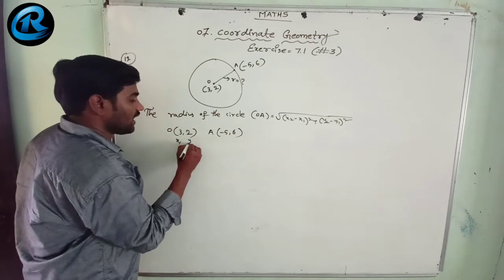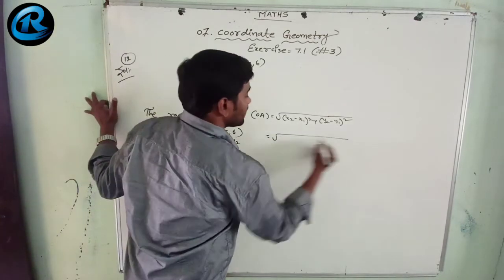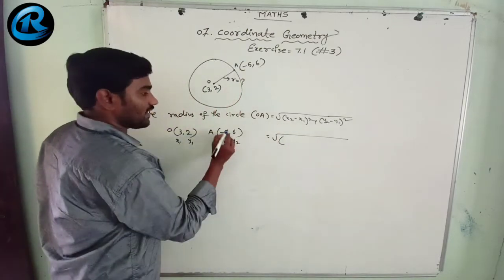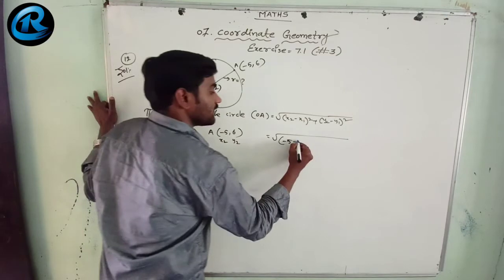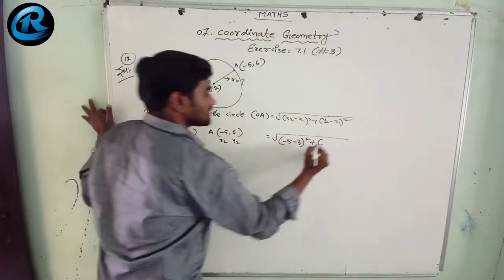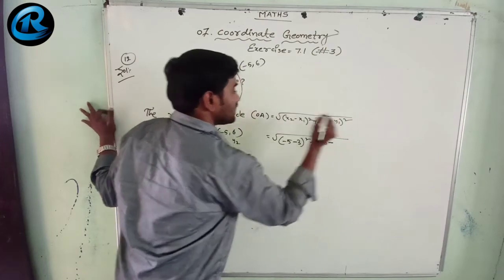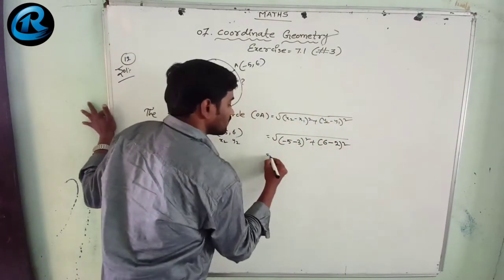It is x1 and y1, x2 and y2. Here we write x2, that is minus 5, minus x1 that is 3 whole square, plus y2 that is 6, minus y1 that is 2 whole square.